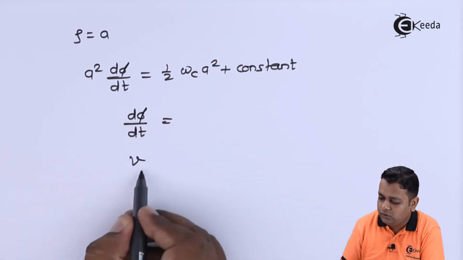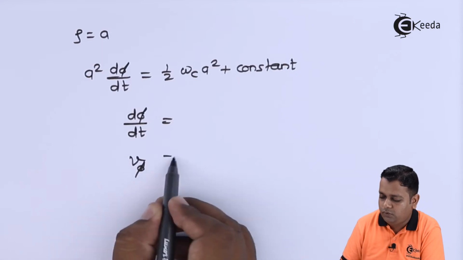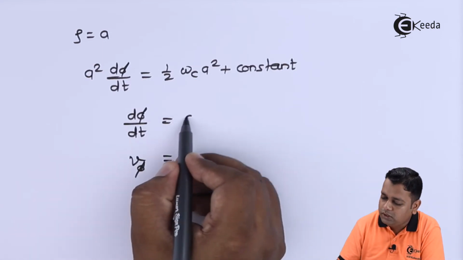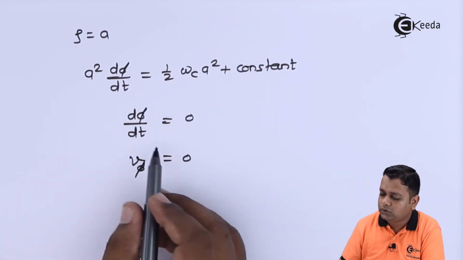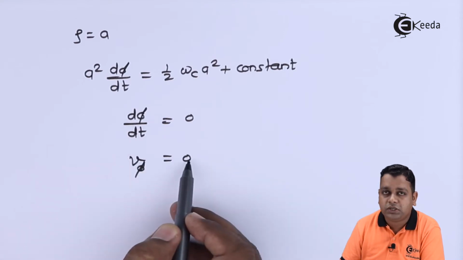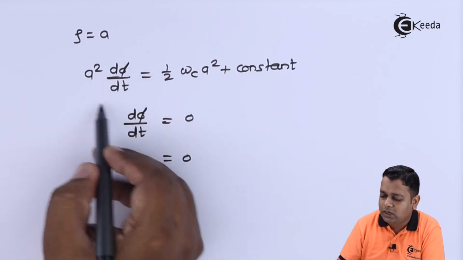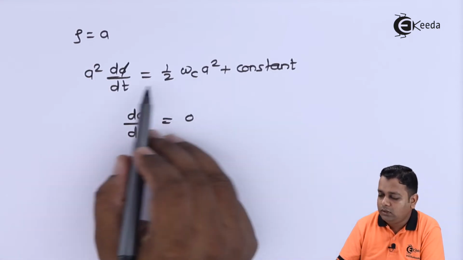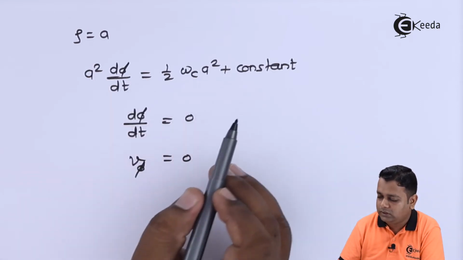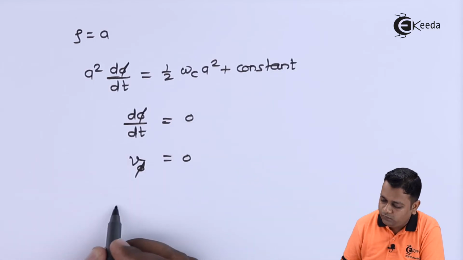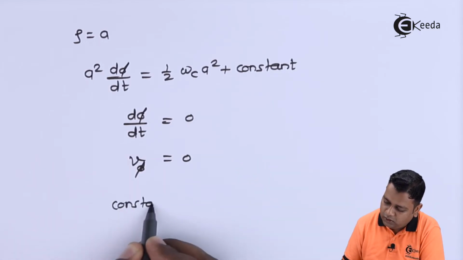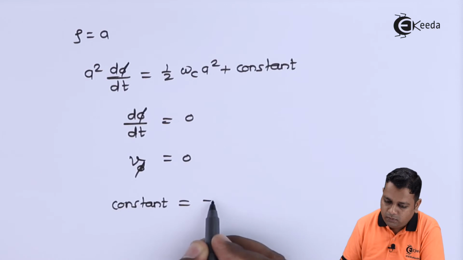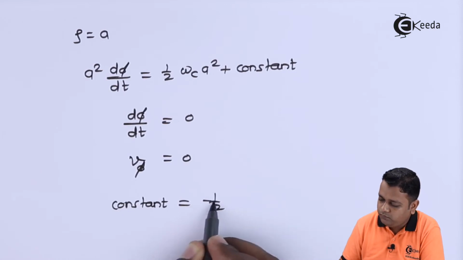So we can also denote it as the vφ component, and this vφ component is equal to 0. If dφ/dt is equal to 0, the left hand side will be equal to 0. So for this equation to hold, the constant value should be equal to minus 1/2.